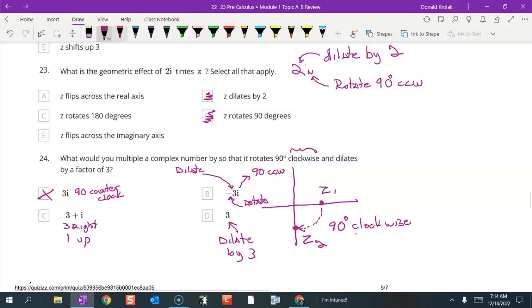So what's going to happen is this point is going to go up here. All right, that's my 90 counterclockwise, and then it's going to go 180 down to here. All right, so it's going to be B.